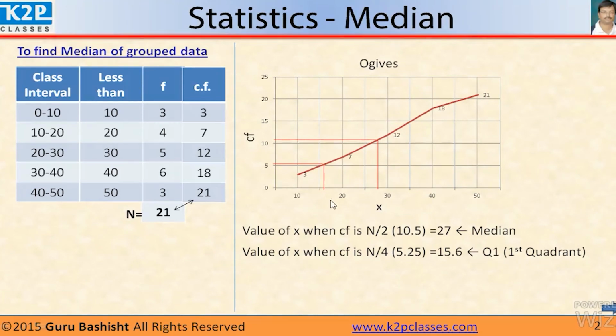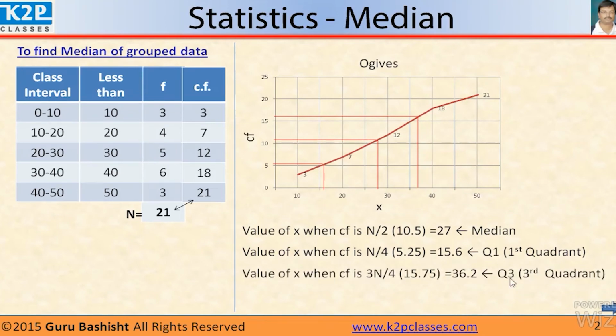So Q1 is 15.6. Sorry, Q3. Q3 is 3n by 4, and 3 into 21 by 4 is 15.75. The corresponding value is 36.2.